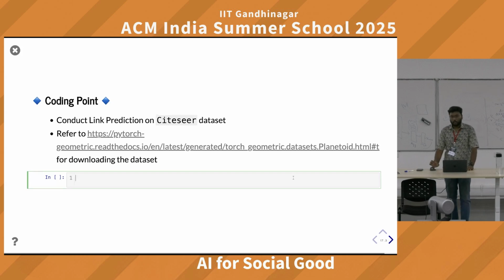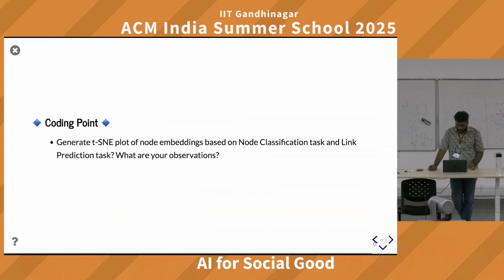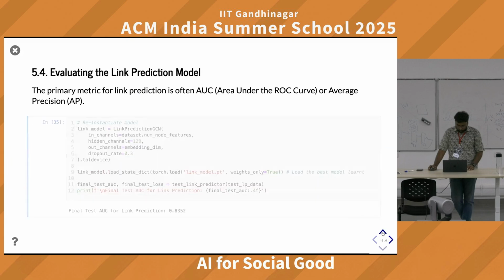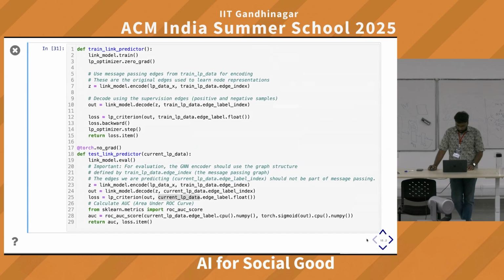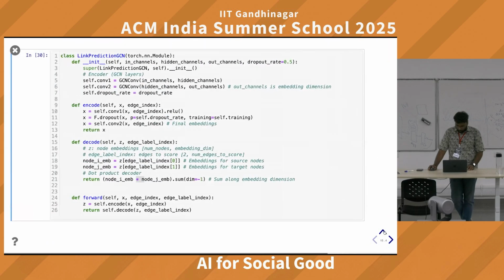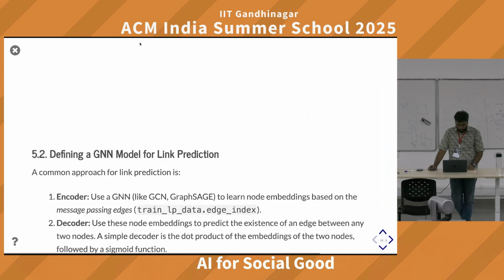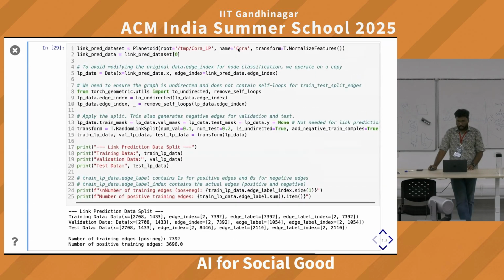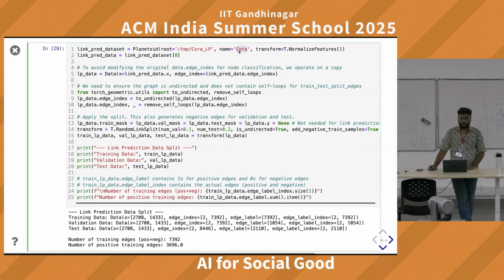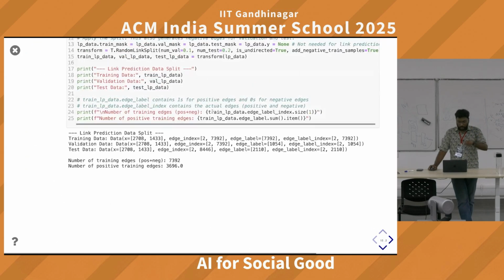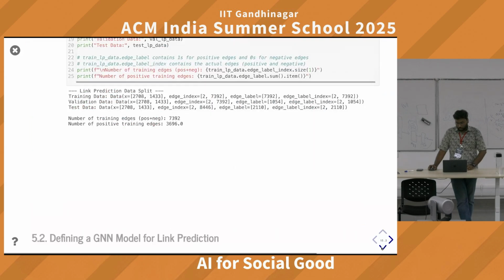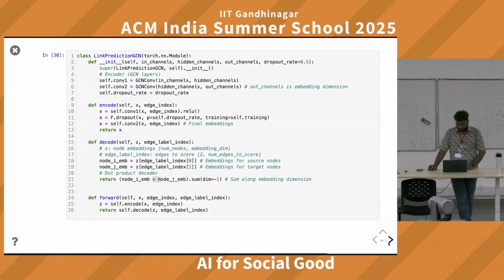So you can use the same Planetoid class. Instead of Cora, you just write CiteSeer and you will get the other dataset. That means it's in Planetoid. That's why I'm saying there are other classes also where you can get different datasets.